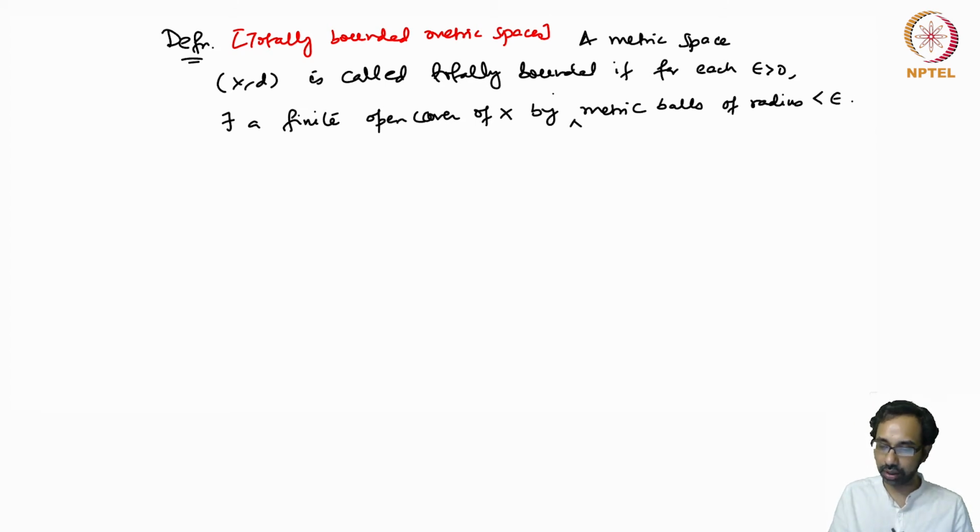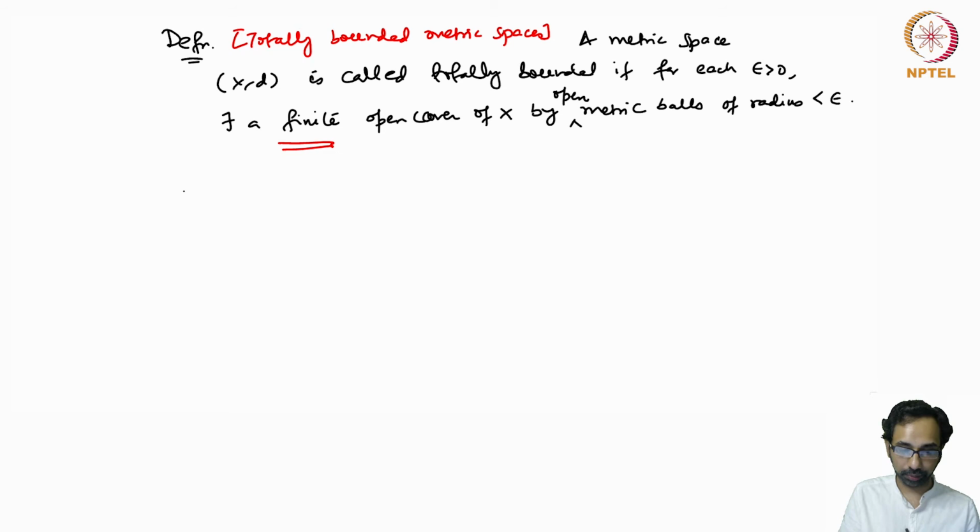Of course these are open metric balls because we are considering open covers. The point is to have finitely many, so we must have a finite subcover of any open cover where each of the open sets in the open cover has a radius less than epsilon. So this is what's called a totally bounded metric space.